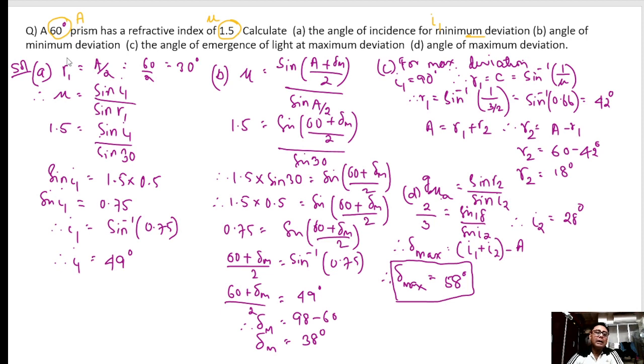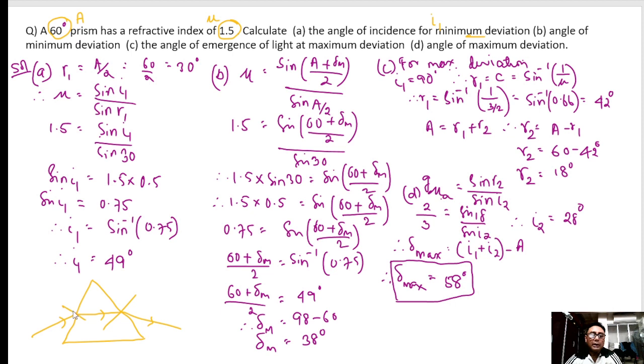So what is the R for minimum deviation? As I told you, please watch here. The ray will go like this, it will be parallel to the base, and then it will come out. We have already discussed all these.